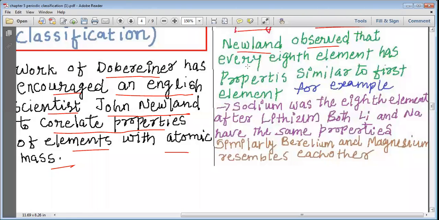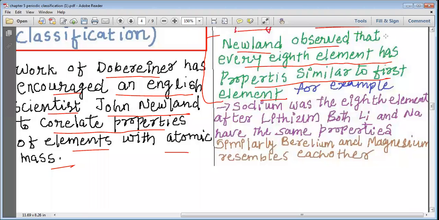Newland observed that every eighth element has properties similar to the first element. This was the basis on which Newland arranged all these elements.